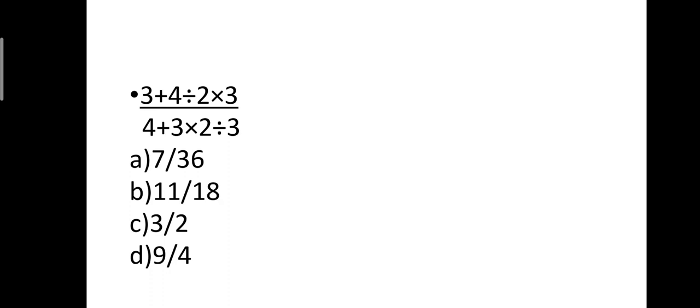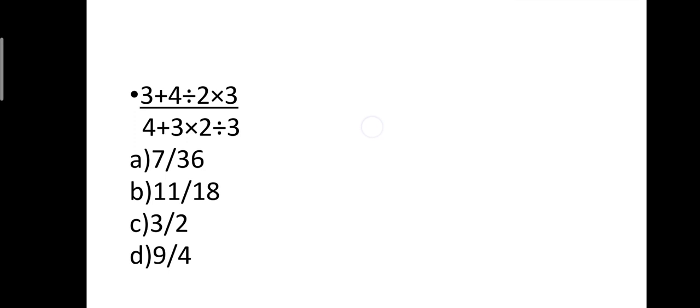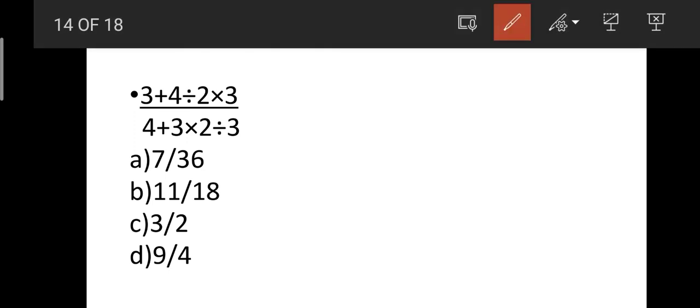See friends, this is also a very simple question. 3 plus 4 divided by 2 into 3, divided by 4 plus 3 into 2 by 3. Okay friends, here we should use the BODMAS rule. That is, first we should divide these two numbers, like 4 divided by 2.